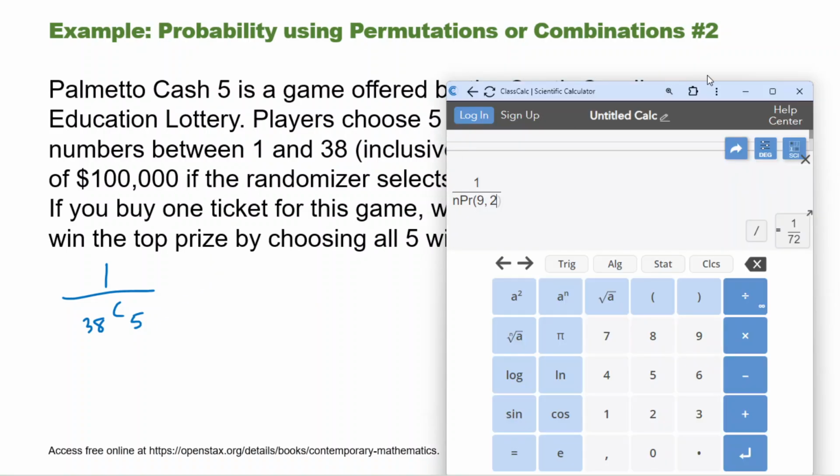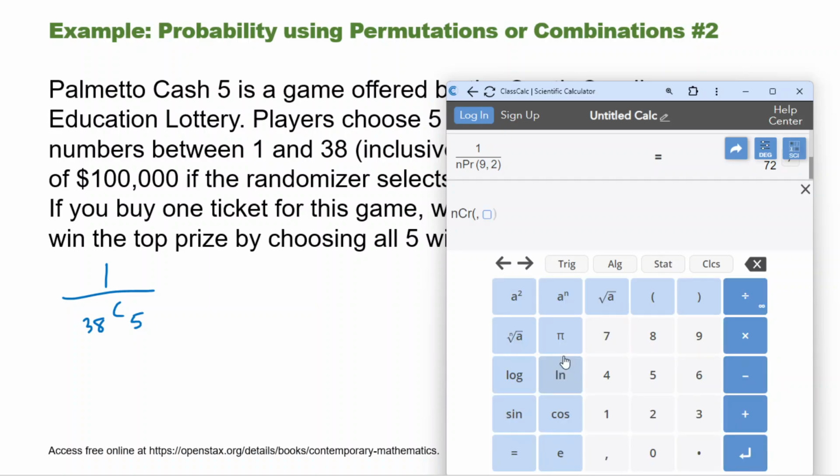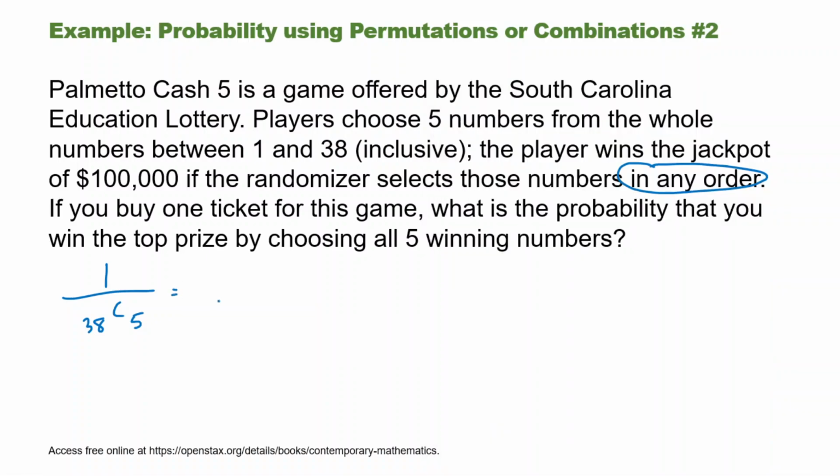So if we pull up our calculator again, we can type in stat nCr 38, 5, and we have a number of outcomes of 501,942.